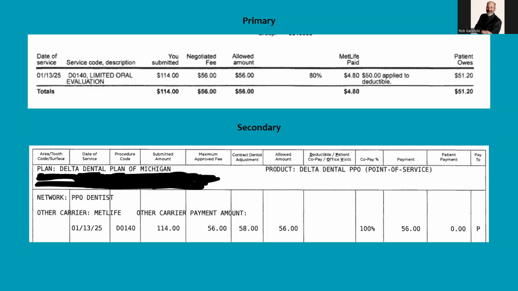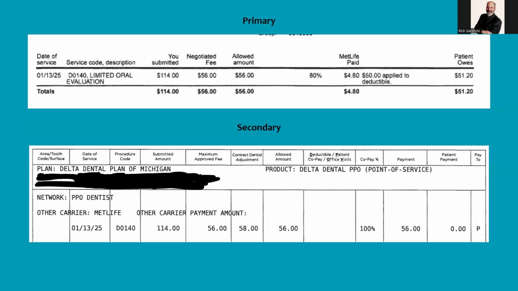MetLife applied $50 to the deductible and then paid their remaining percentage, because here it's only covered at 80%, on that $6, of $4.80. So MetLife paid $4.80 with a patient portion of $51.20.